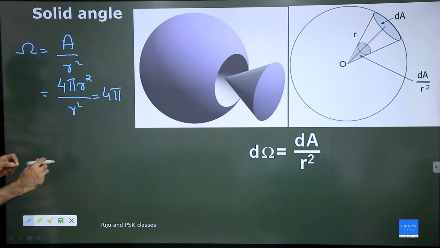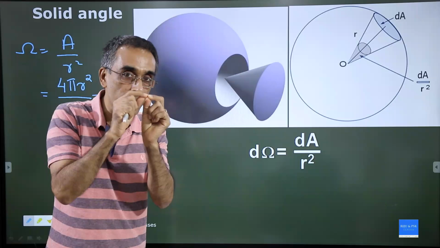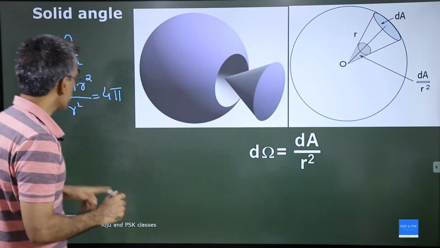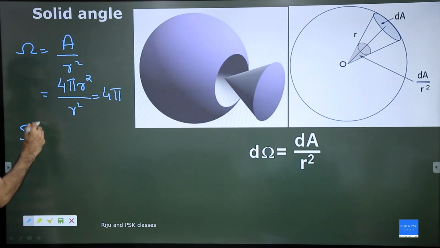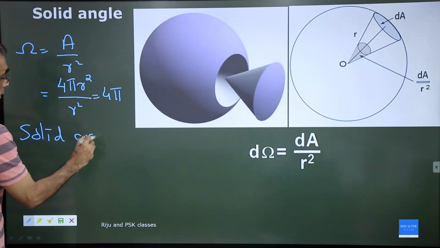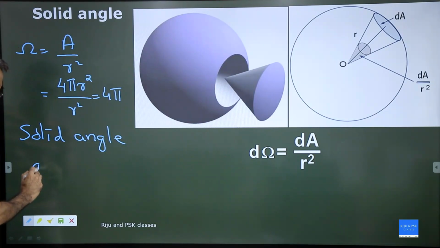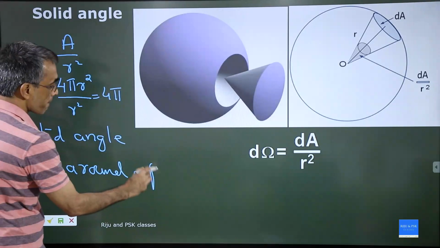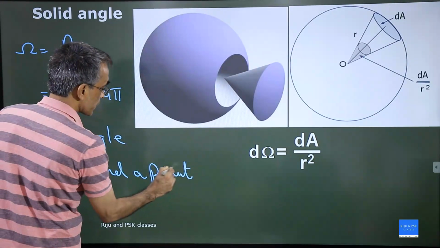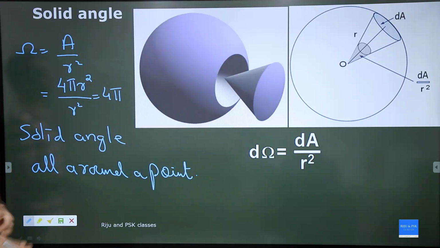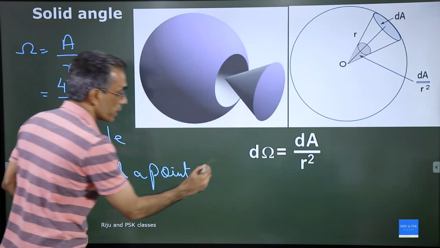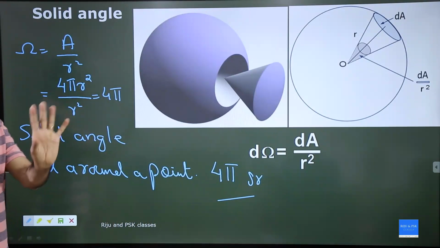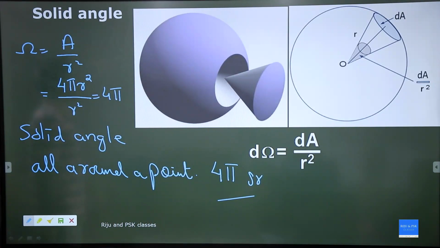So I will say about a point in space, all around it, the solid angle all around a point is 4 pi steradian.